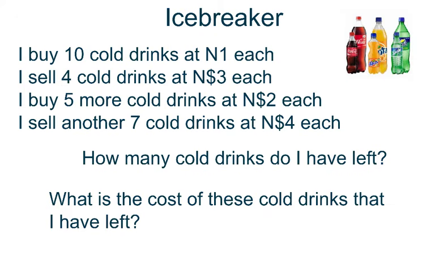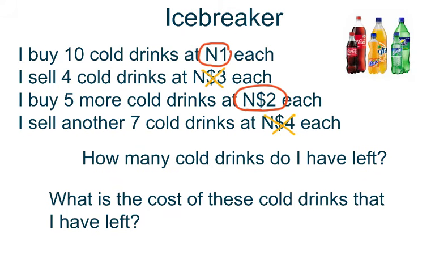How will I do this? Because I bought some cool drinks at $1 each, and then I bought some more at $2 each. Now for now, don't worry about the selling prices. Ignore those for now. So we have now a $1 cool drink. We have a $2 cool drink.